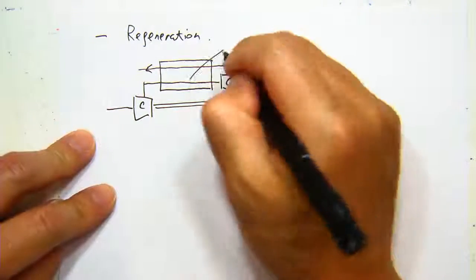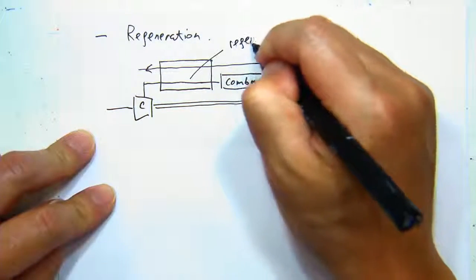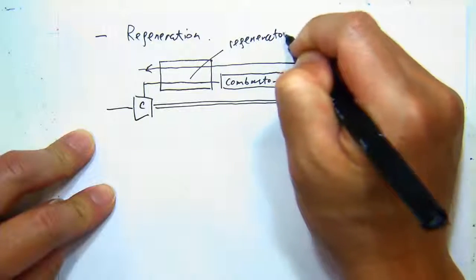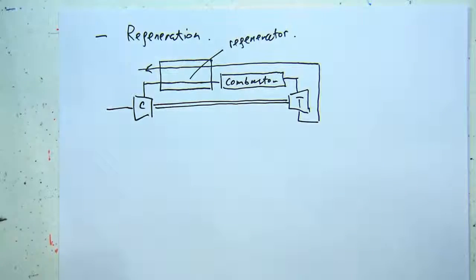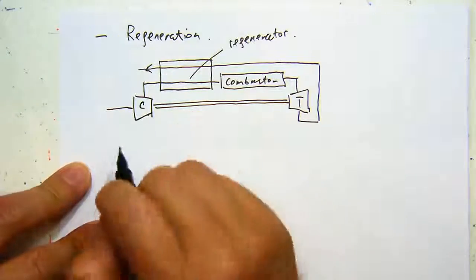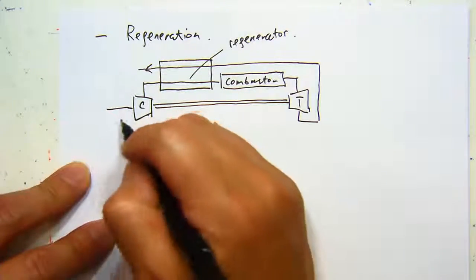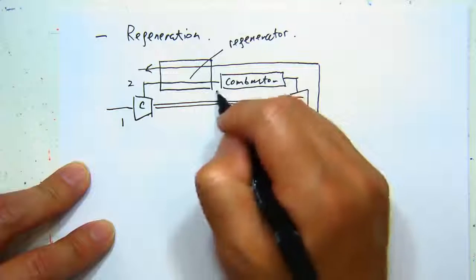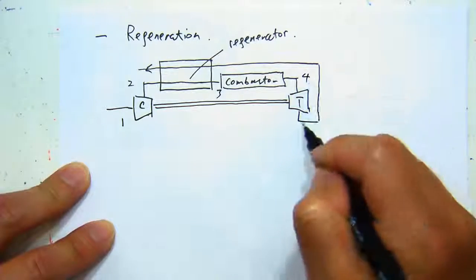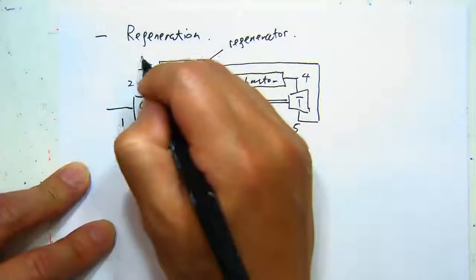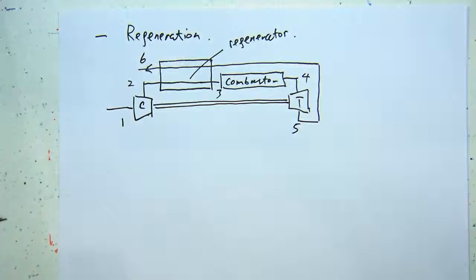So this one is called the regenerator, and this is a device which is very effective in terms of improving the efficiency of the cycle. So if we draw it as 1, 2, 3, 4, 5, and 6, all right, we can draw the TS diagram.